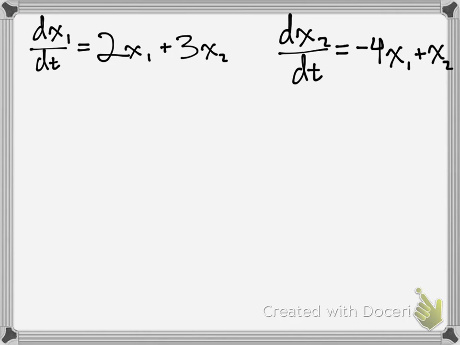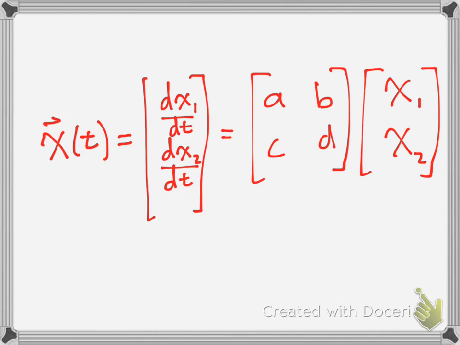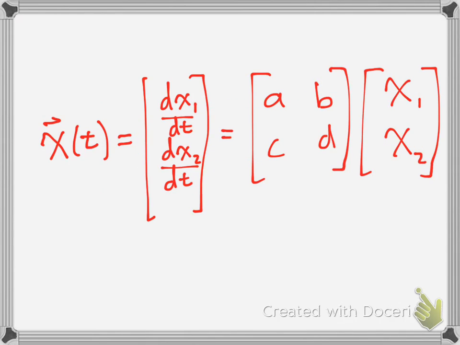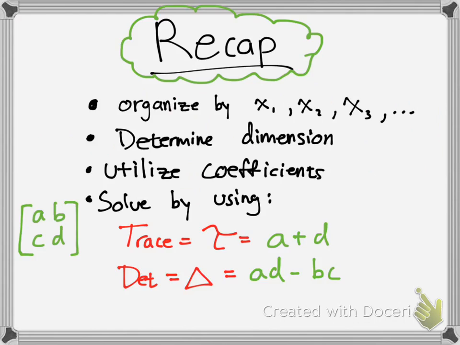To do that, you're simply going to utilize the coefficients here and use this form. This is the form you're going to be using to convert from differential equations into matrix form. Remember, this represents two equations, like you can see them in that direction. So just keep in mind when you're converting these that this is multiple equations, multiple variables.